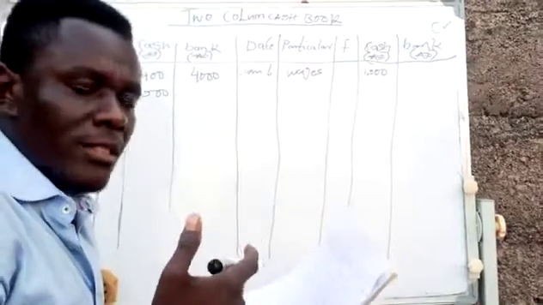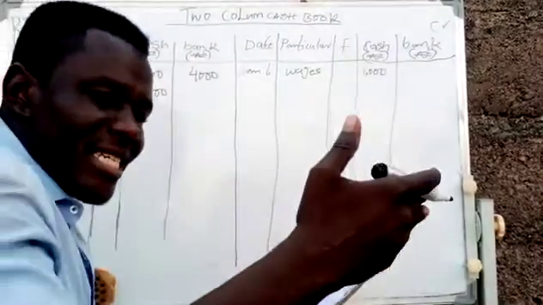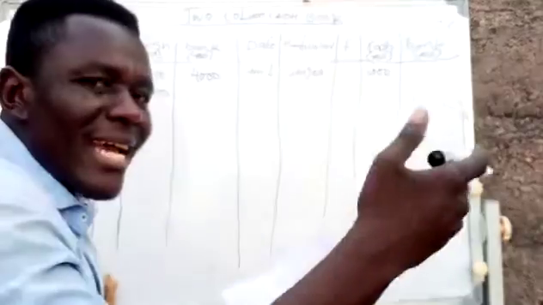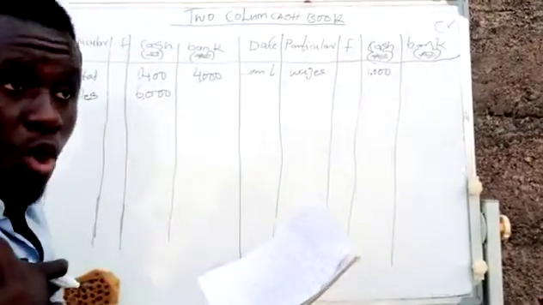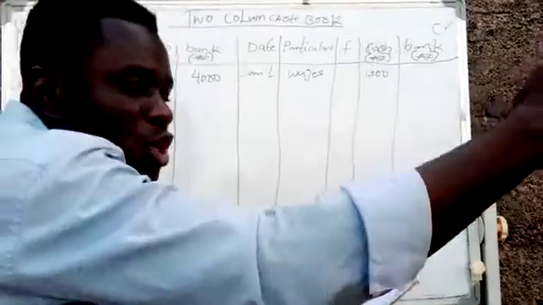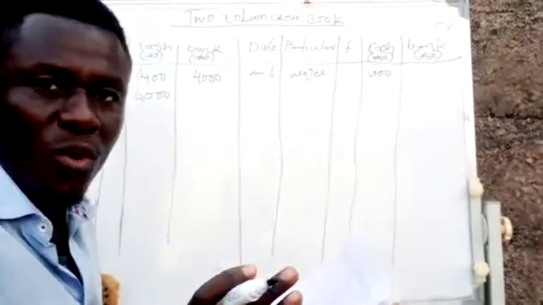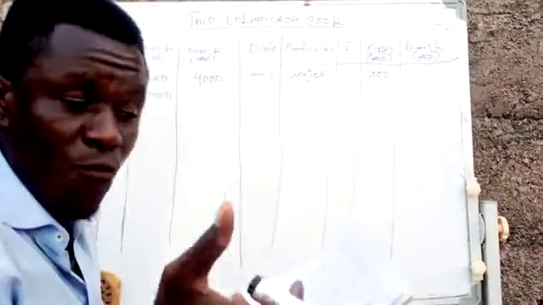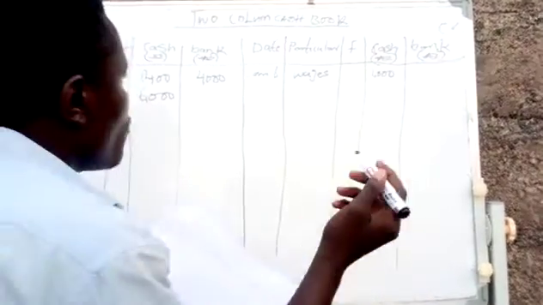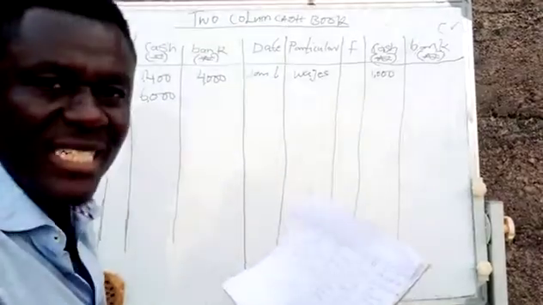On the 9th January, purchases of goods with check 3,000, which means you purchased goods for 3,000, which means you're giving out, so you're going to put it on the credit side, because you made a purchase of goods by check. So we have January 9th.